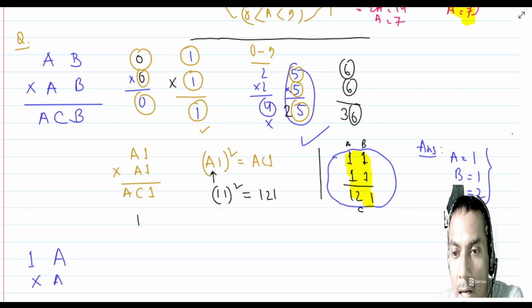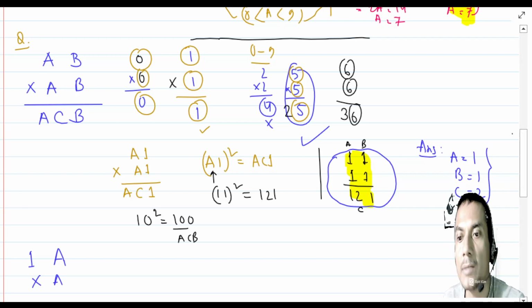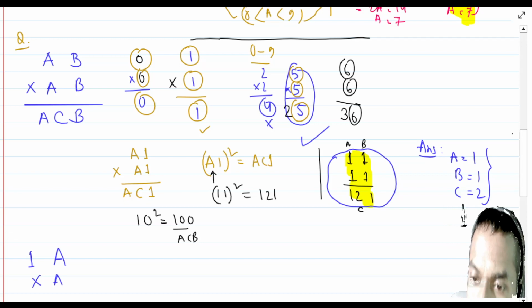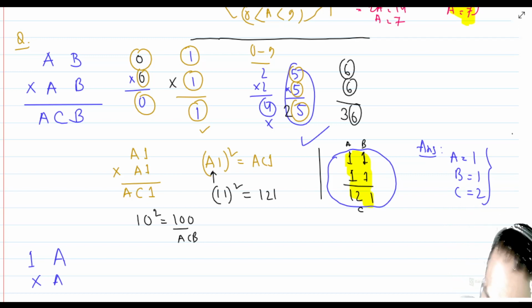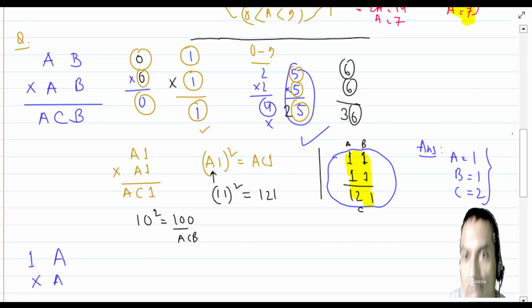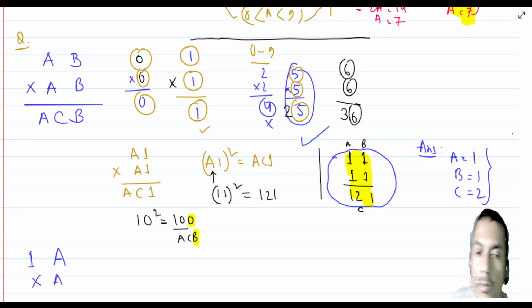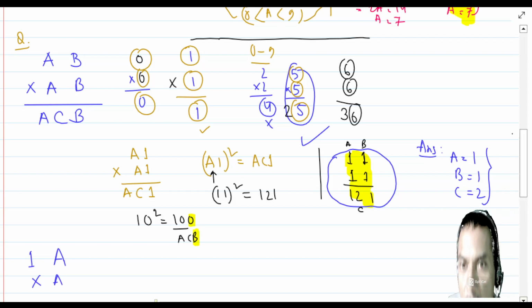If I consider 10 squared, then we get 100. So it does not match with the ACB. Clear? It will not match, because a is 1, that is fine, but b is 0, and here b is not 0. It does not match, so this is not possible.